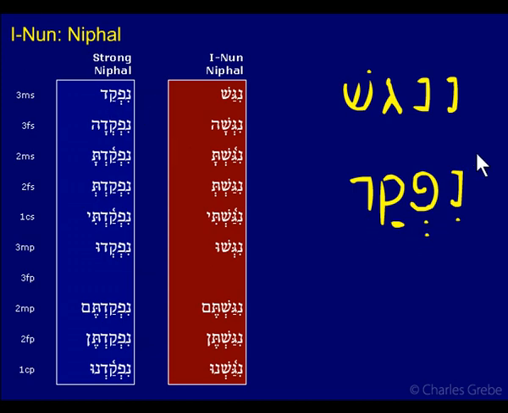Perfect. What happens when we try that here? When we have a first Nun, we get nin-gash. Well, if you have a Nun that is right next to another consonant, it'll tend to assimilate, right? And one way to produce that is to put a prefix before the Nun so that it steals the Nun and causes it to be at the end of a syllable.